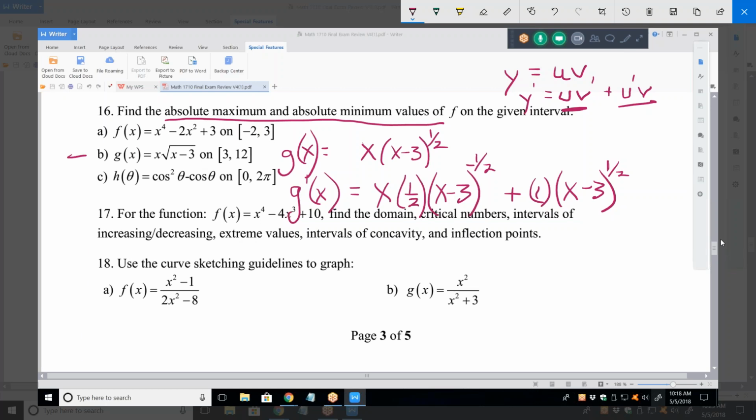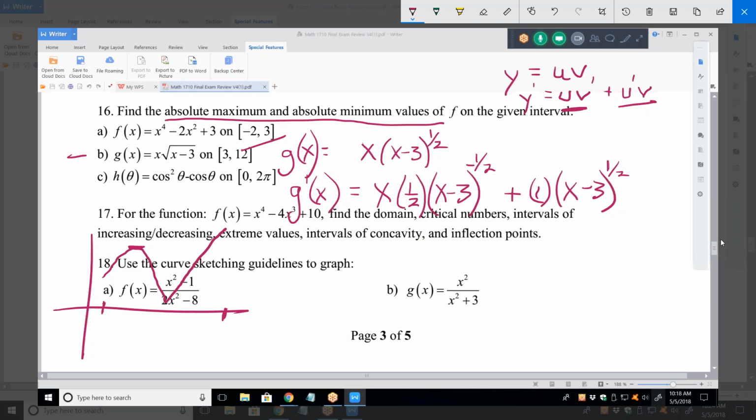For example, if I had a function that was like this, and I graph that function and it came out looking something like that, and I want to know where the maximum is between 3 and 12, I have to check this point because I have a 0 slope.